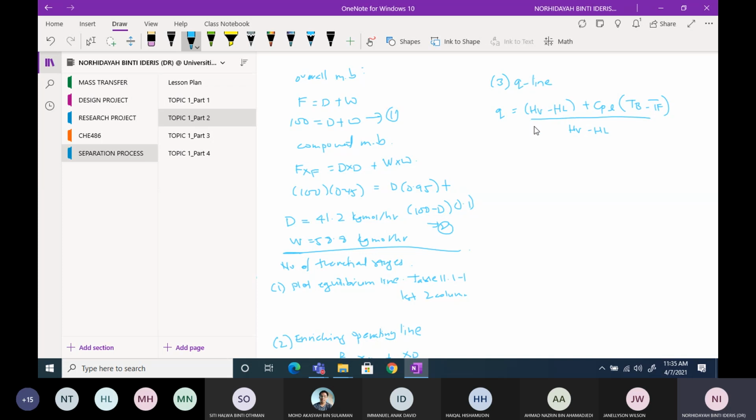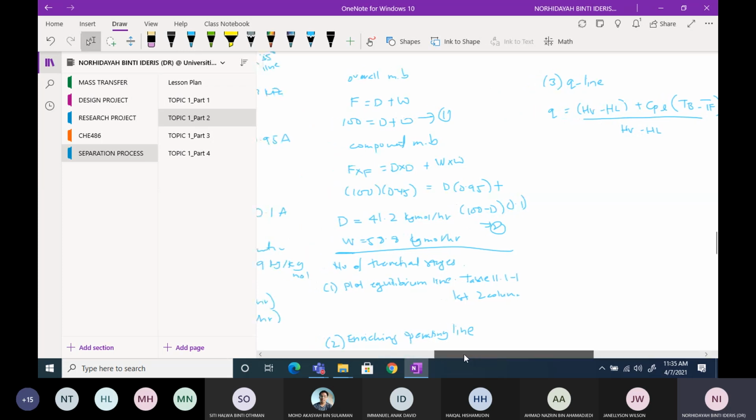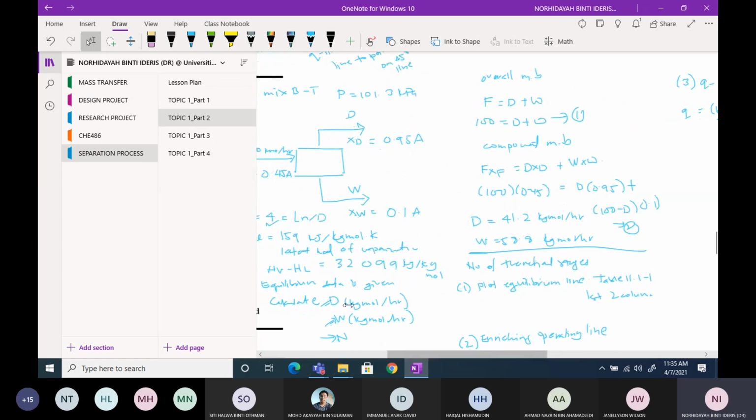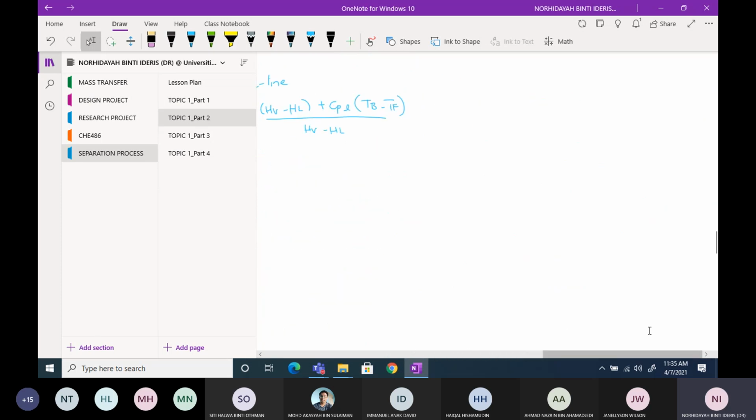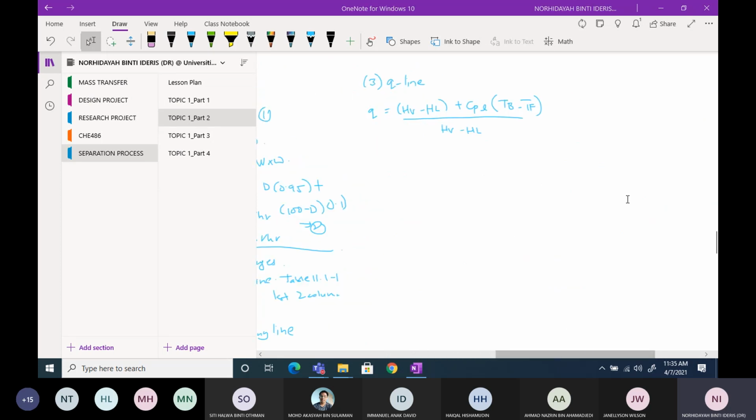Okay, so you know that H_V minus H_L is the latent heat of evaporation, and the value is given, right? It is 32.099 kilojoule per kilogram mole. Same thing goes to C_PL. This value is given, C_PL value is given, H_V minus H_L is given. So right now your T feed is also given.